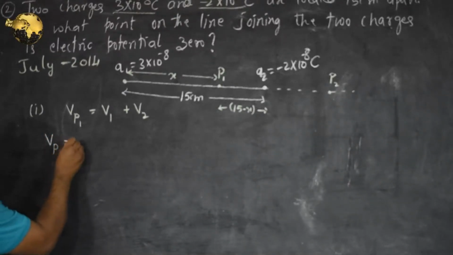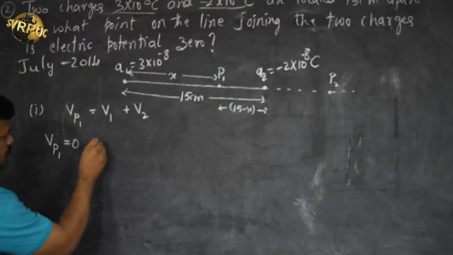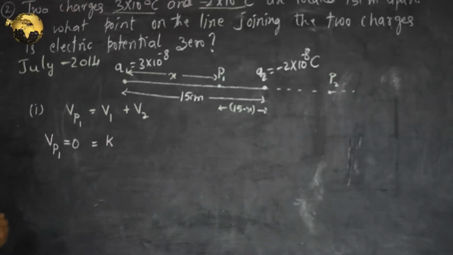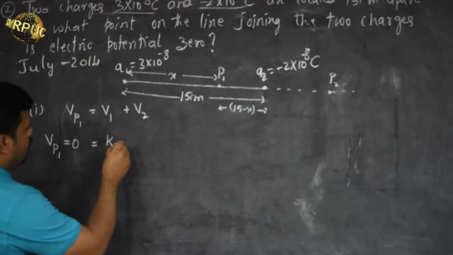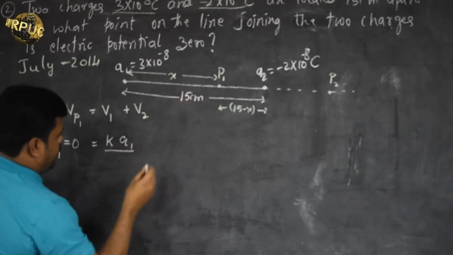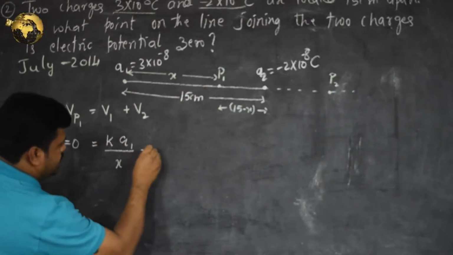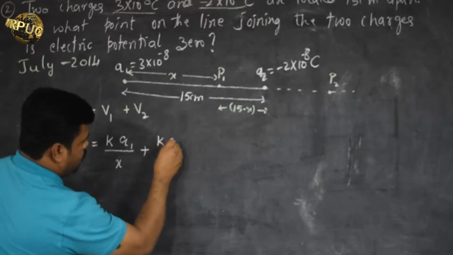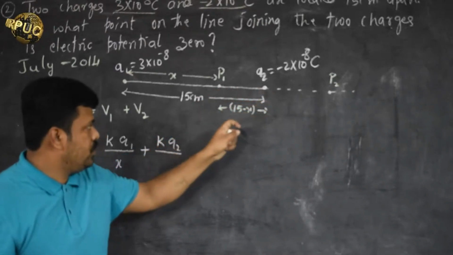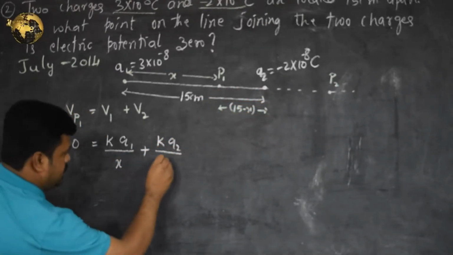So Vp1 is equal to 0, which is equal to V1, which is k, I take it as k equals 1 by 4 pi epsilon, into Q1 whole divided by the distance x, plus k into Q2 divided by the distance from point P1 to Q2, which is 15 minus x.